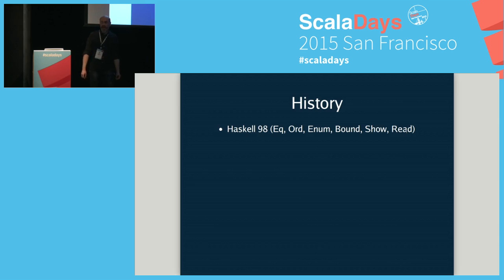Haskell 98 specifies that, built into the compiler, there is the ability to go through the mechanical motions of constructing the instances for ADTs for half a dozen specially blessed type classes. So the Eq type class that I showed you, Ord is an ordering type class, Enum, oh god, I forget what that is, Read and Show, sort of to string, a parse and an unparse.